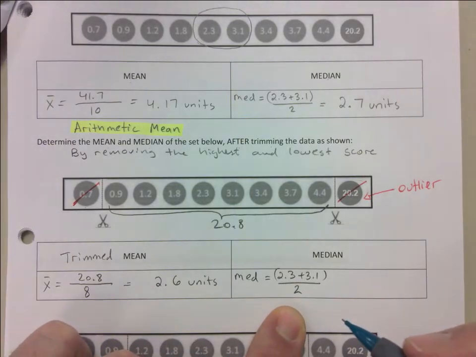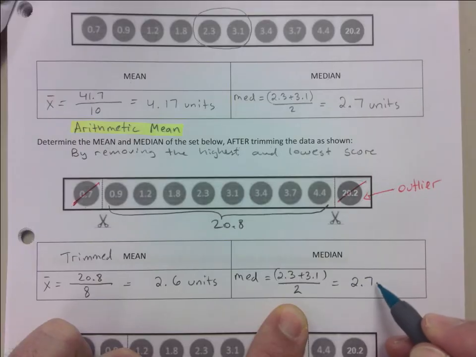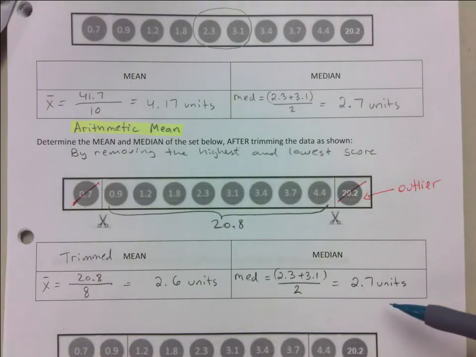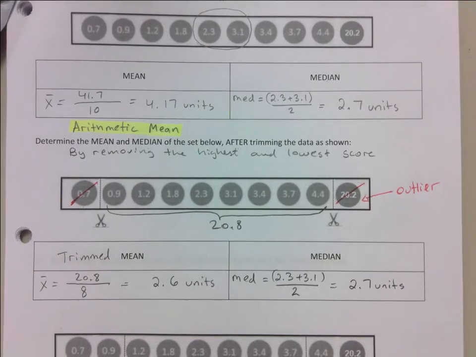Is there going to be any change? It's still going to be 2.7 units. So no change. Median is still the same. So trimming your data set does not affect your median. Performing a trimmed mean does not affect your median.